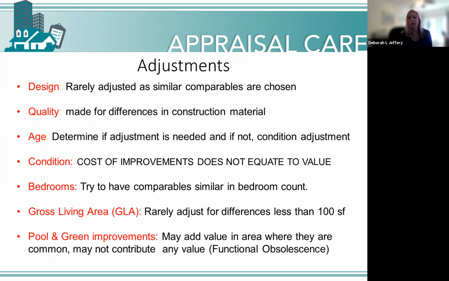I need to know how many panels. I need to know the brand name of the solar. How many kilowatts does it produce? How old is the solar system? And what is basically the effective age of the solar system?